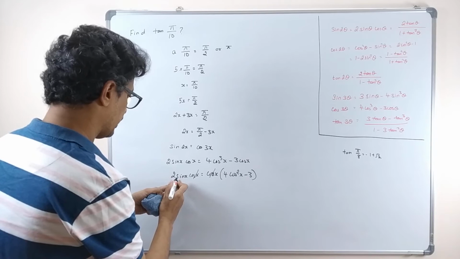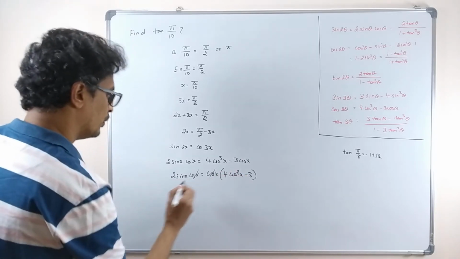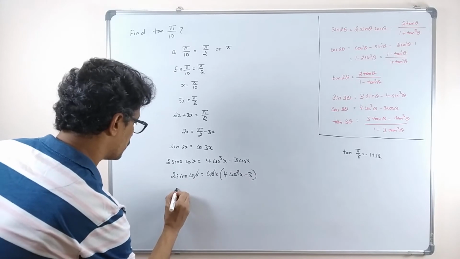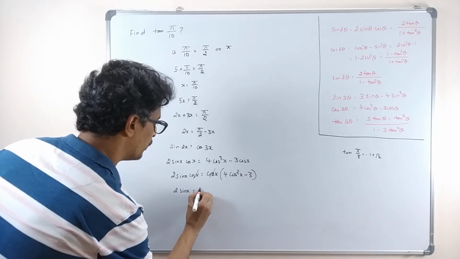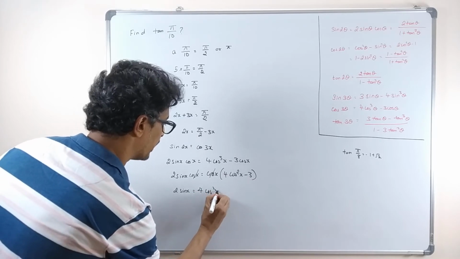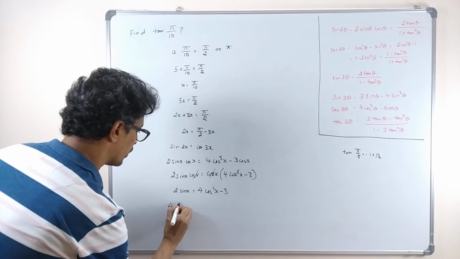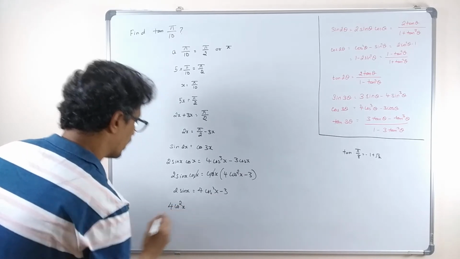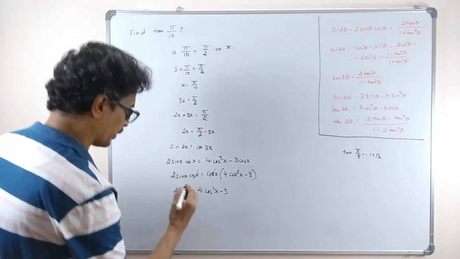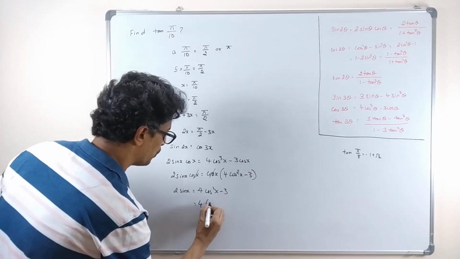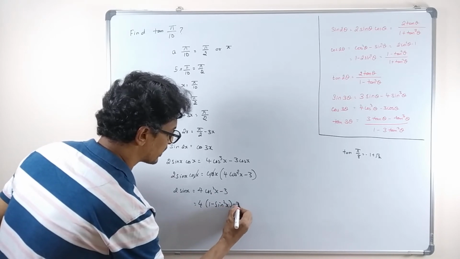Tell me. 2 sin x equal to 4 cos square x minus 3. If I express this term in sine, I can get a quadratic equation. So this will be 4 into 1 minus sine square x, minus 3.